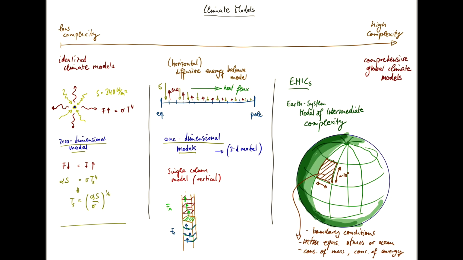Obviously, 10 degrees is thousands of kilometers, so you're not representing a large number of smaller subgrid scale processes. The idea with a global climate model that is more comprehensive than that is that your grid becomes finer and finer, and you're starting to explicitly represent as many processes as you somehow can. In the next video, I will talk in a little more detail about comprehensive global climate models.